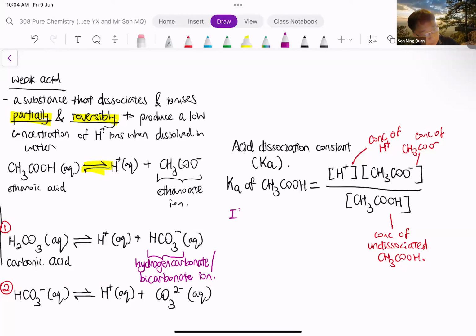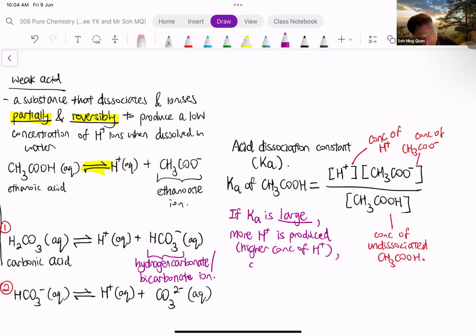So what is it then? If the Ka is large, what does large Ka mean? Large Ka means more H+ is produced, right? Higher concentration of H+. So acid is stronger.